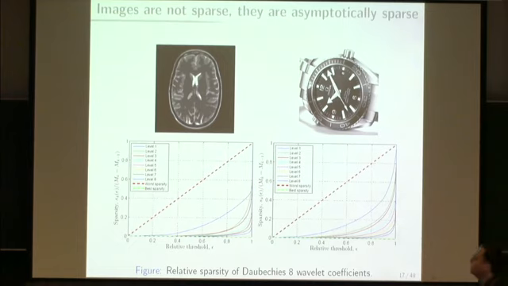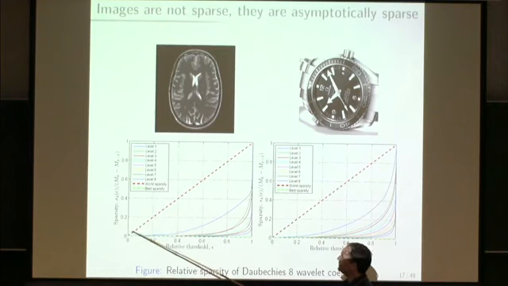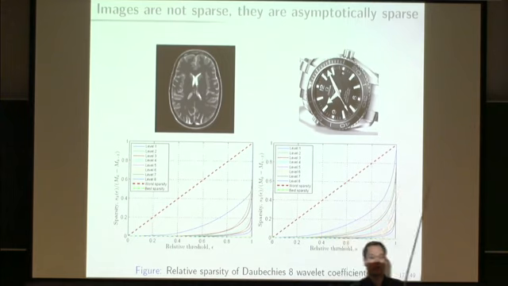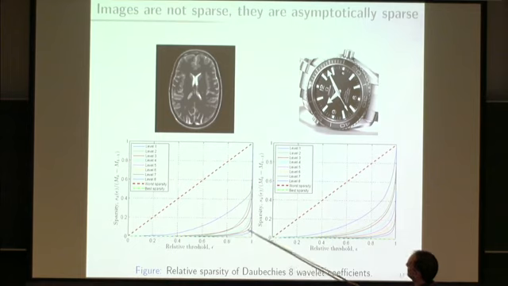It does so even in a sort of uniform way. So this here would be sort of the worst kind of sparsity I would have. That means that all the values in that level have the same value. And the best thing would be something which is flat. So here we can actually see that it becomes more and more flat. And it gets closer and closer to sort of perfect sparsity.